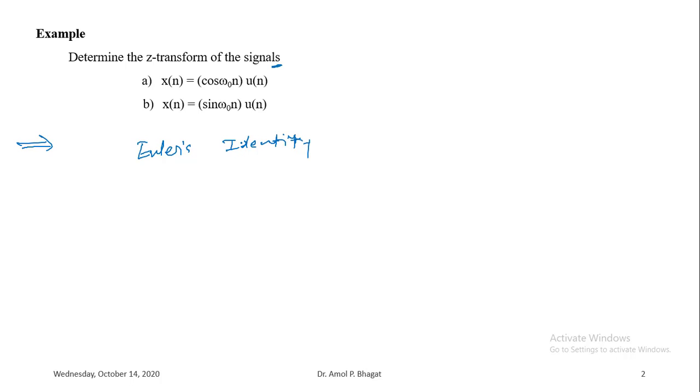As per Euler's identity, we know that e to the power j omega can be represented as cos omega plus j sin omega, and e to the power minus j omega is equal to cos omega minus j sin omega. So this is as per Euler's identity.